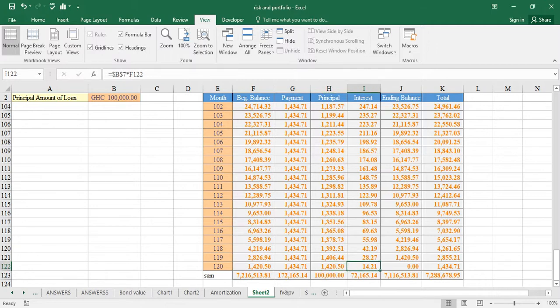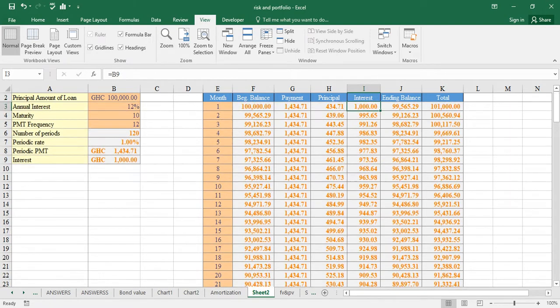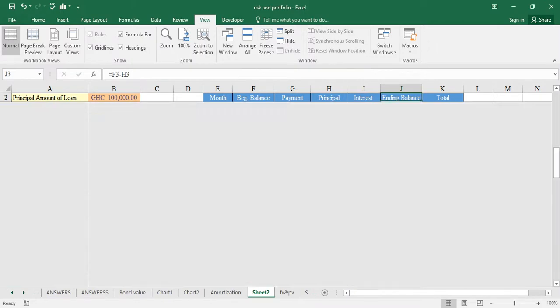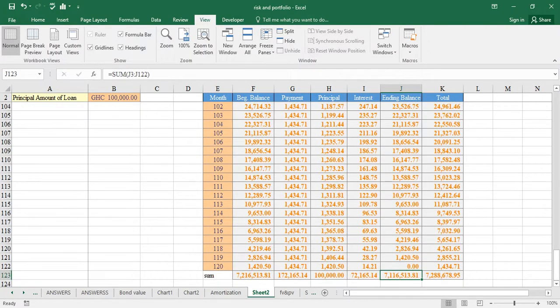The interest, on the other hand, reduces over time, from 1,000 down to 991 and 99 in that order, up to the last period, which is 14.21. Now the ending balance here we get 0, giving us the assurance that we have been able to exhaust the payment of our loan.